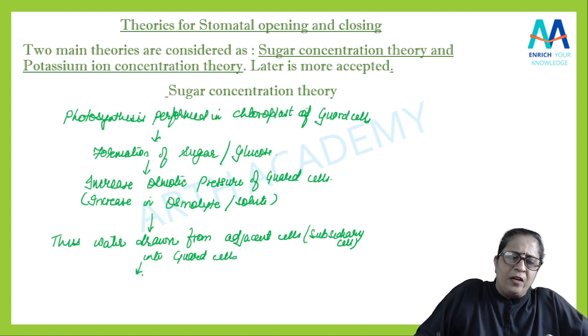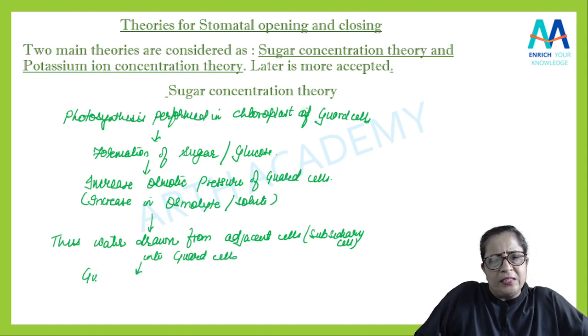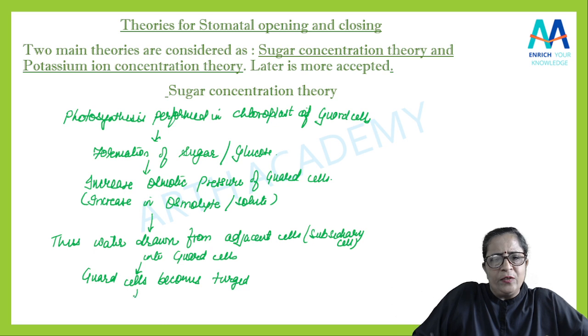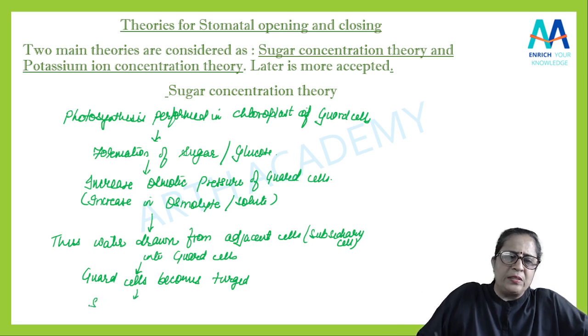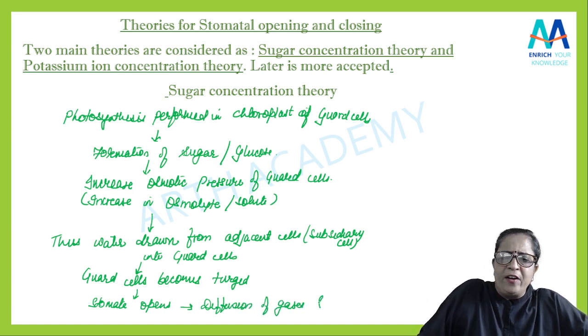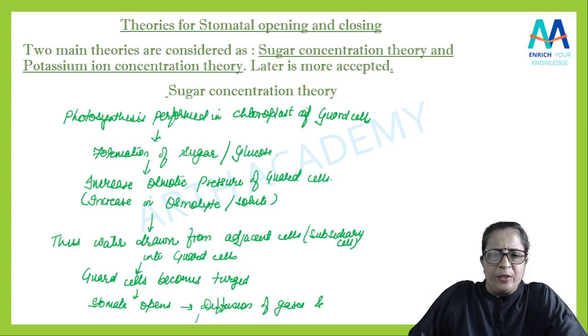Now because of that, what will happen? Now the guard cells become turgid. Guard cells turgid बन जाएंगे. Yes, and the stomata opens. Because of that, stomata opens. जब stomata open हो गया तो this will allow what? This will allow the diffusion of gases, and transpiration takes place. Am I right?